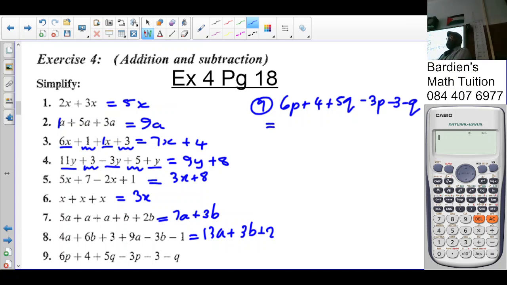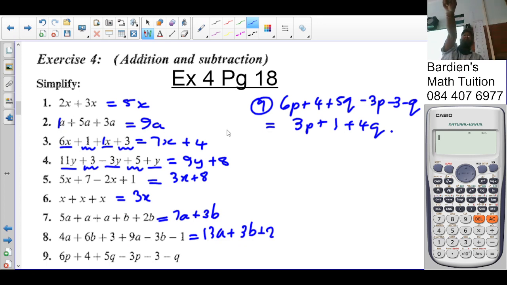Right, next. Yes, you also get a chance. 3p plus 1 plus 4q. You're right? Is that right? Who says not right?